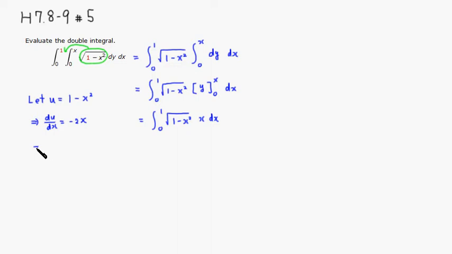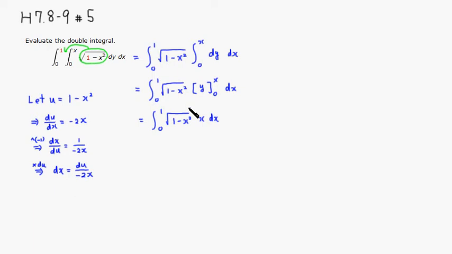Then take the reciprocal of both sides, so basically we just put it upside down. dx over du is equal to 1 over negative 2x. Then multiply both sides by du, so that we have an expression for dx. So dx is equivalent to du over negative 2x.